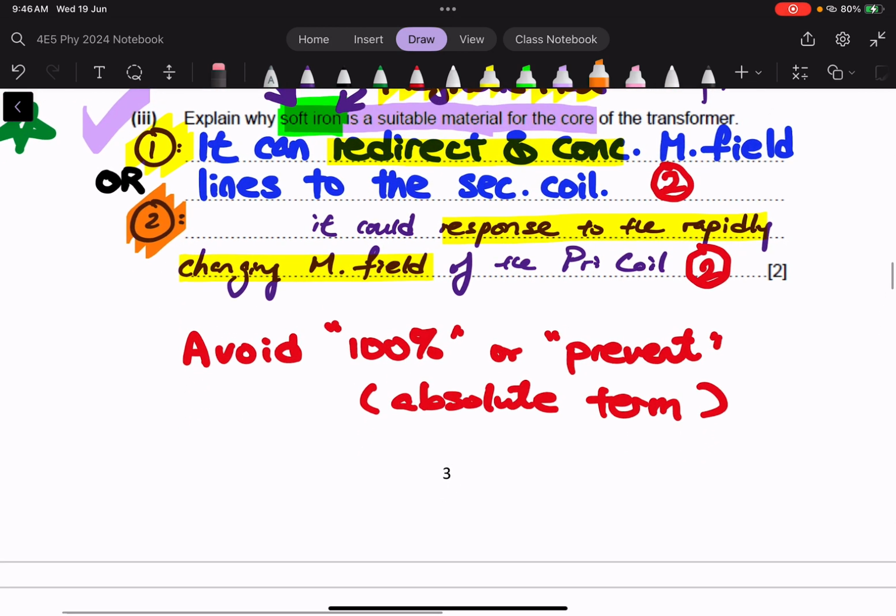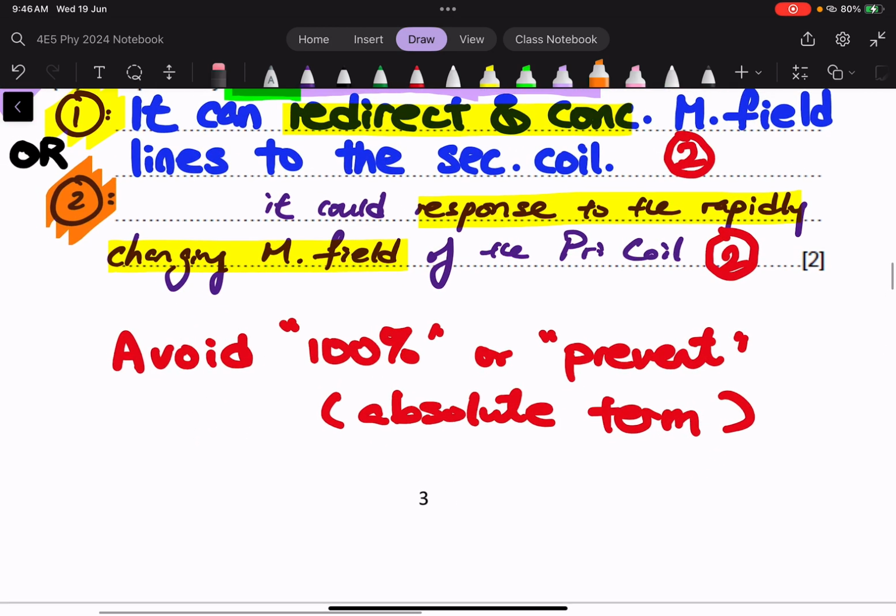Okay, in some of your answers, I also see that some of you like to use the phrase 100% transfer. In physics or in real life, it's impossible to get 100%. Later on in uni, you will learn there's this theory that says that the state of randomness or chaos will get worse and worse.